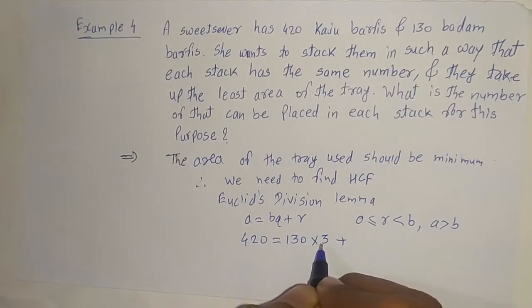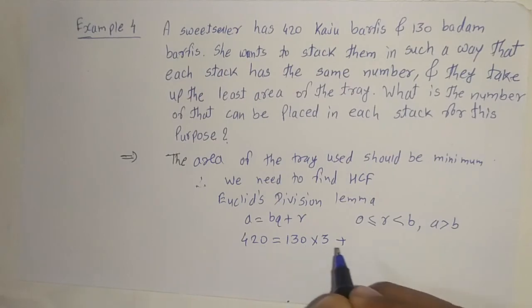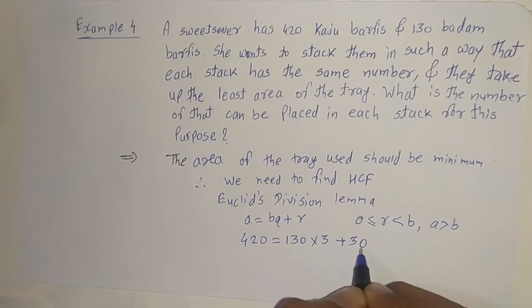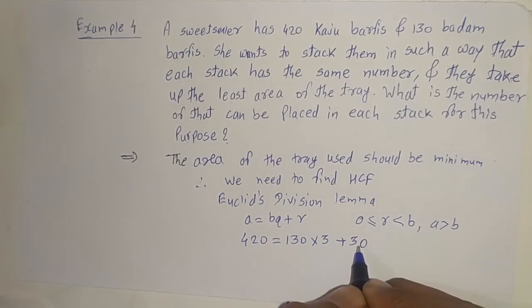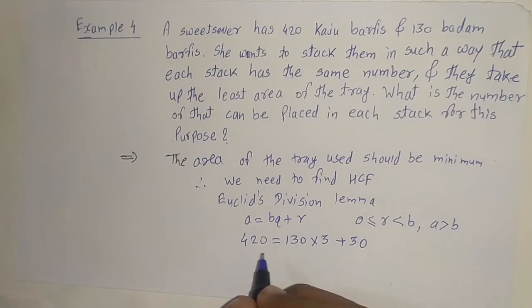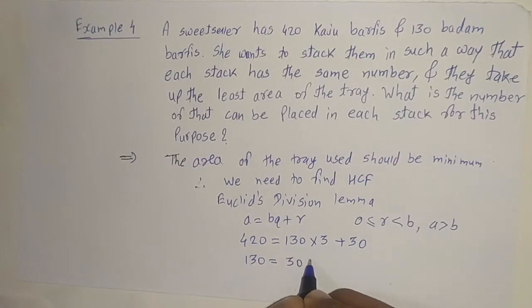130 into 3 is 390. 420 minus 390, r will be 30. Okay, so the value of r is 30. Now in the second step, replace the dividend with the divisor, and the divisor with the remainder.